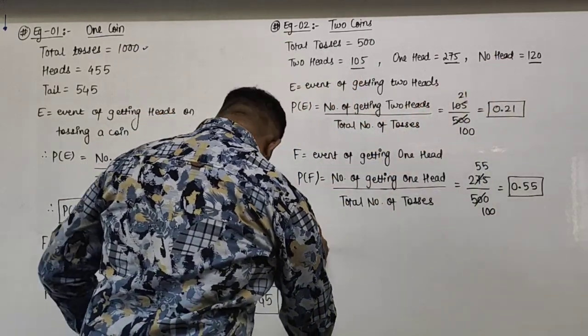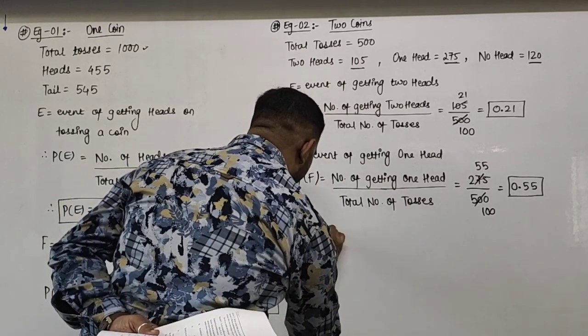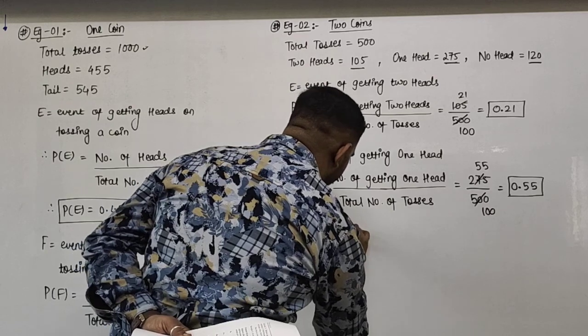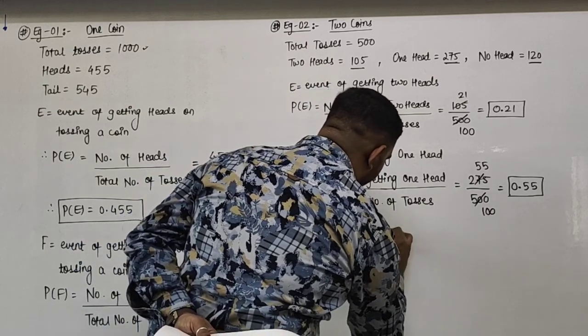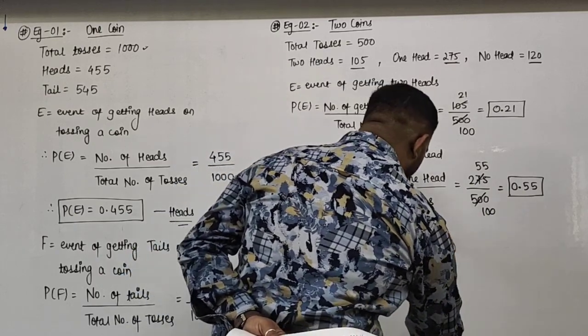Similarly, I will define this third event as G, the event of getting no head.